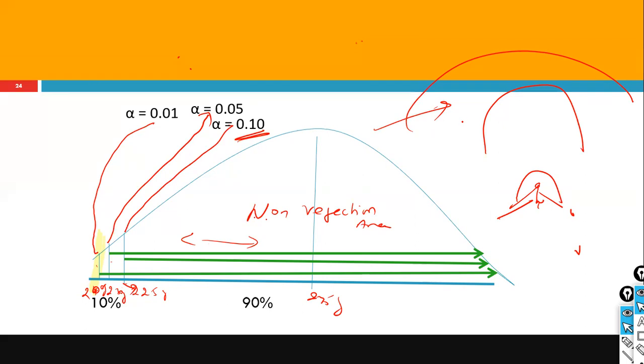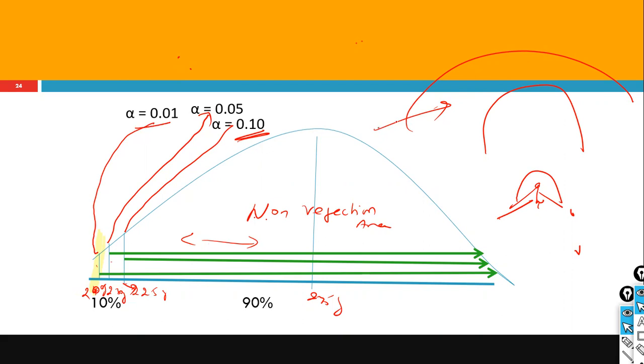If your null hypothesis is actually false, in that case it should get rejected, right? But even in that case, the false null hypothesis will fall in the non-rejection region area. Your false null hypothesis was supposed to be rejected, but since your alpha value is 0.01, the goal post size is very big.